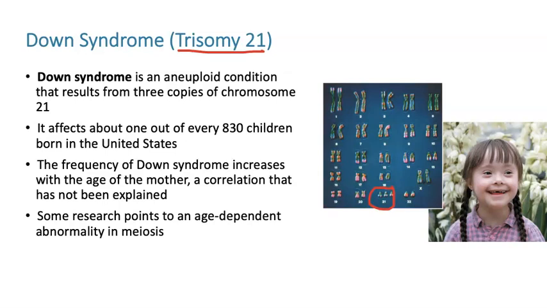There's mixed information about that. So for now, we're going to put down that we don't really know the reason why this has happened, but we have some pretty good ideas about it. Men make sperm throughout their lifetime, and so they're less likely to have this kind of trisomy event or nondisjunction event happening.